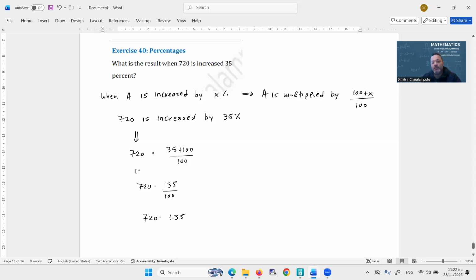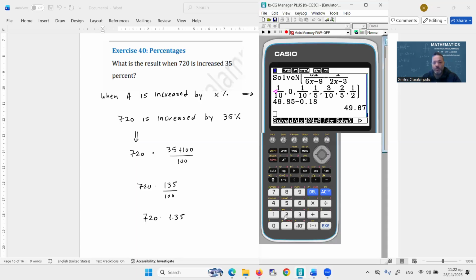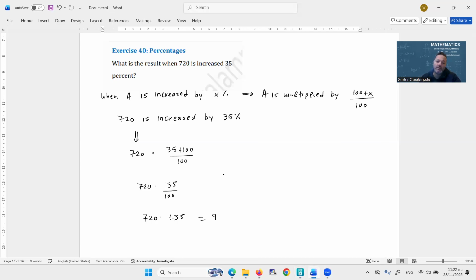So I need to multiply 720. I'm going to use my calculator. I need to multiply that by 1.35. The result would be 972, which is the right answer for this question.